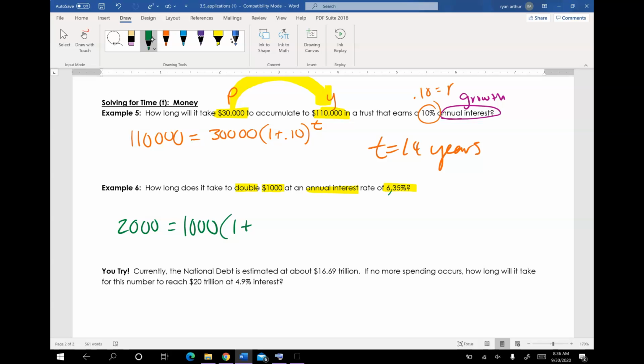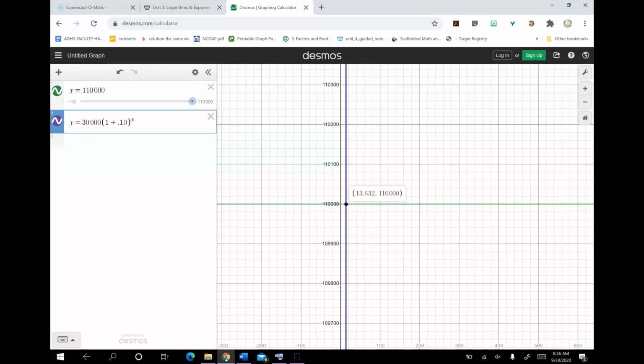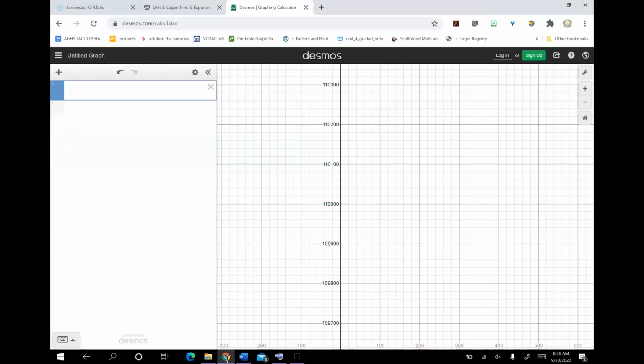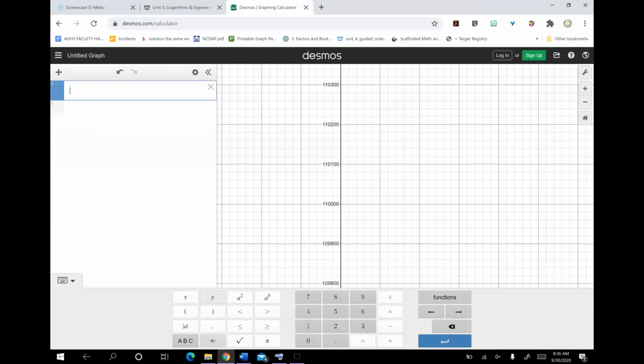This decimal, move it 2 places this way, so it's going to be 0.0635. And I don't know how long, so we're going to put T up there. All right, so we're going to type this into Desmos, left-hand side line 1, right-hand side line 2. So we go up here, and I'm going to say y equals 2,000.